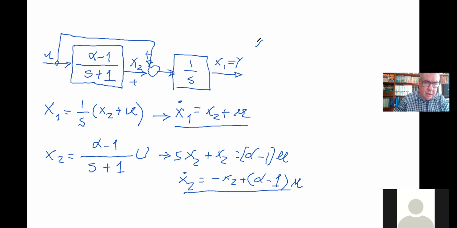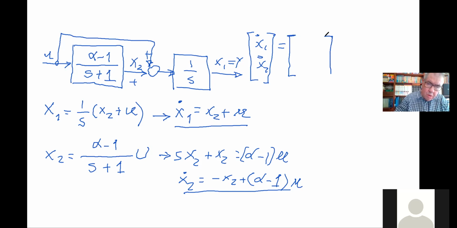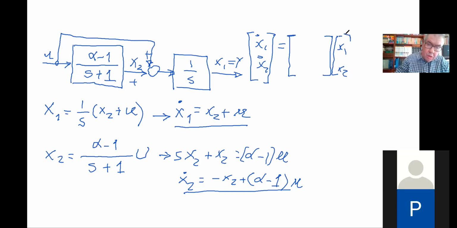So let's write here x1 dot, x2 dot is equal to a matrix multiplying x1, x2, plus this multiplies u. And what do I have here? 0, 1 in the first row; 0, minus 1 in the second. And for B, 0 and alpha minus 1.